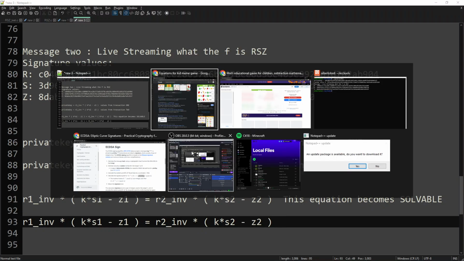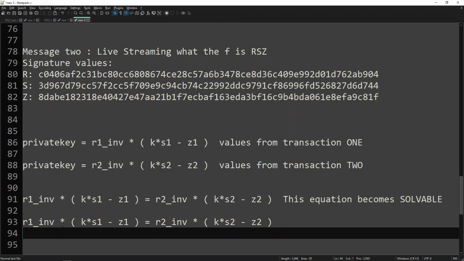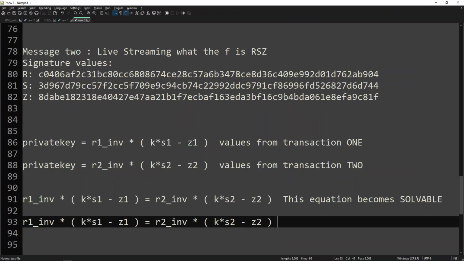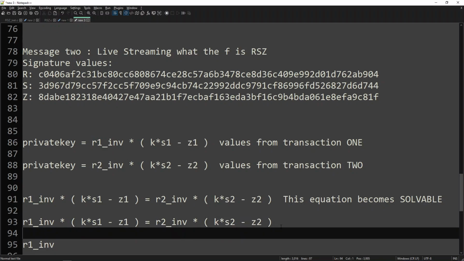Wait. Where is my note? Okay, so you can have this. Let's develop this equation.